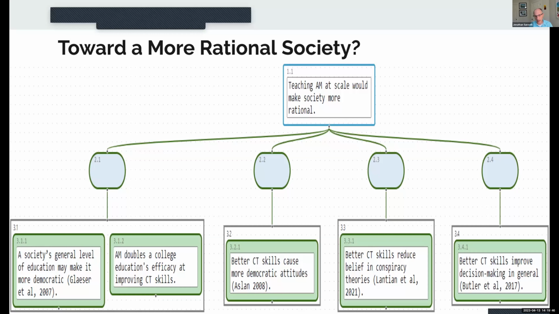And that would give us a way of looking at whether we also get increases in other things that critical thinking might plausibly cause, like the things I listed here. Democratic attitudes, belief in conspiracy theory, and decision-making, aka life outcomes.